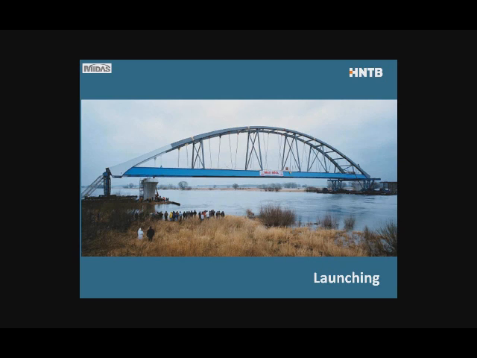You can see it very well, and the left side is on land. So when they're ready to slide out the arch, they just push the barge out, the rear end gets dragged along with it, and then they place the arch on the bearings. This is actually a similar scheme we're considering for the portal bridge.